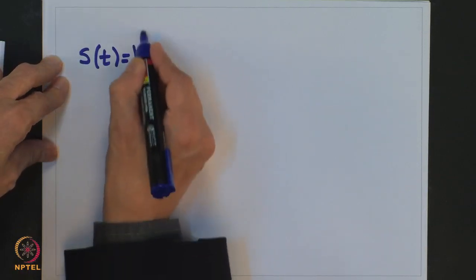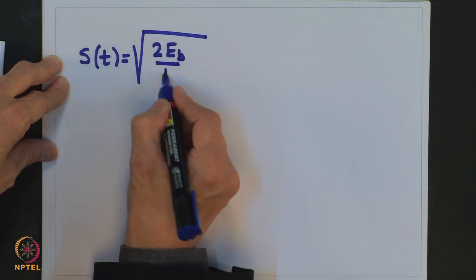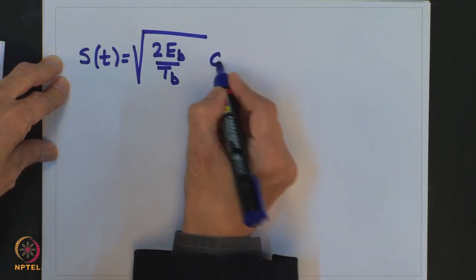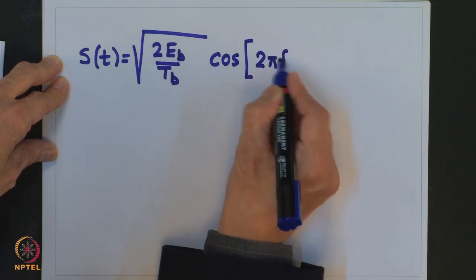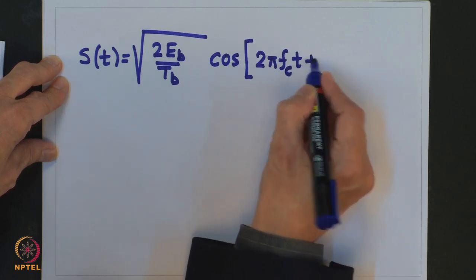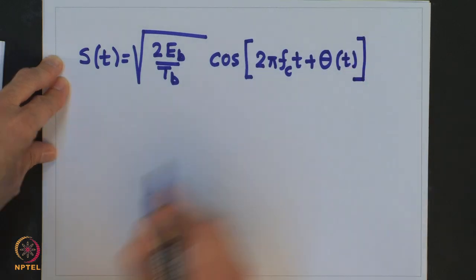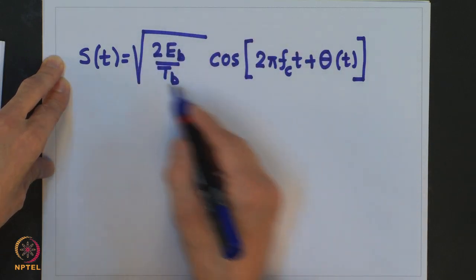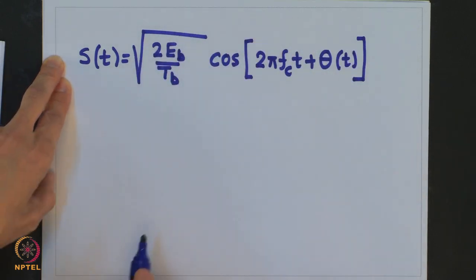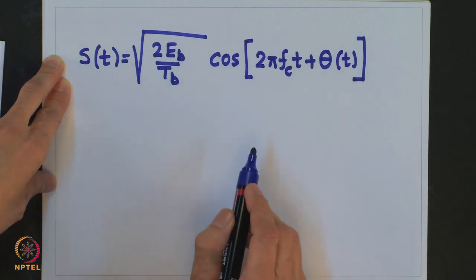We can write s(t) is equal to root of twice Eb by Tb cos(2 pi fc t plus theta(t)). This form is the conventional form of angle modulation, where theta(t) is the phase of the signal.